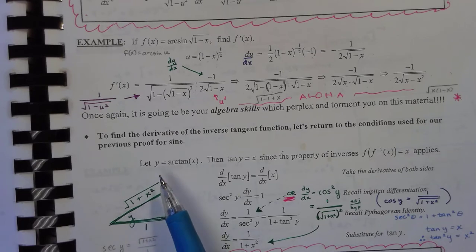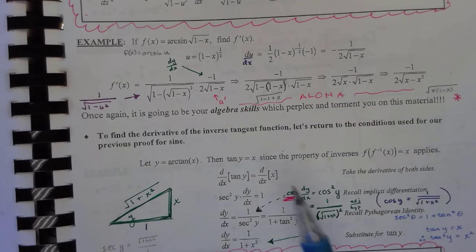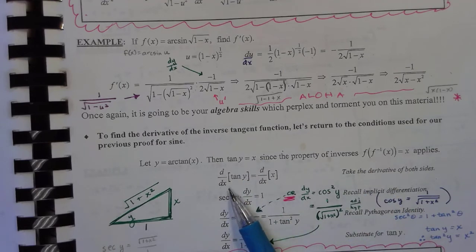So if the angle's tangent is x, that means the opposite side is x, the adjacent side is 1. And we know that 1 squared plus x squared gives me the hypotenuse squared, so that makes my hypotenuse the square root of 1 plus x squared. Now, let us find: y is arctan x, which means tangent of y is x, and we're going to find the derivative.